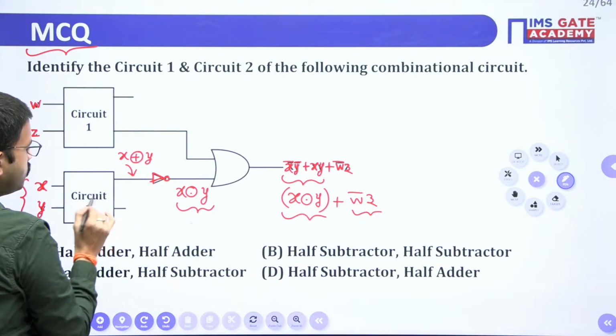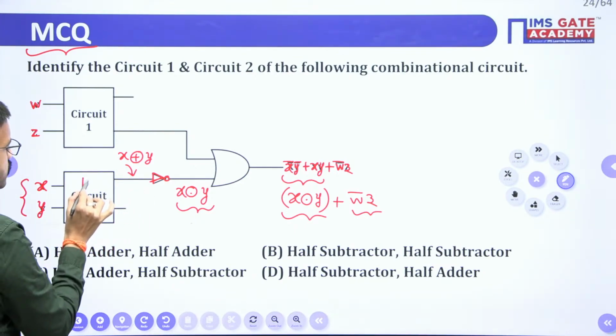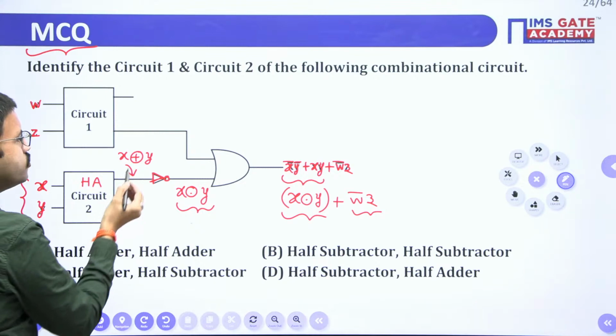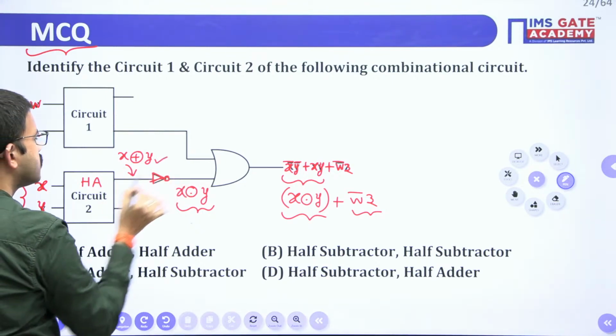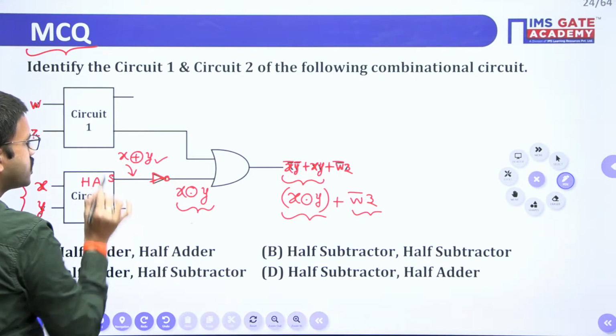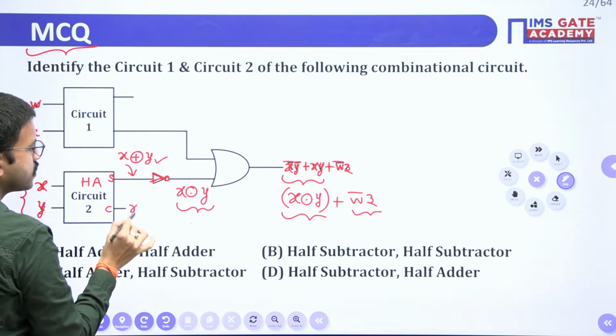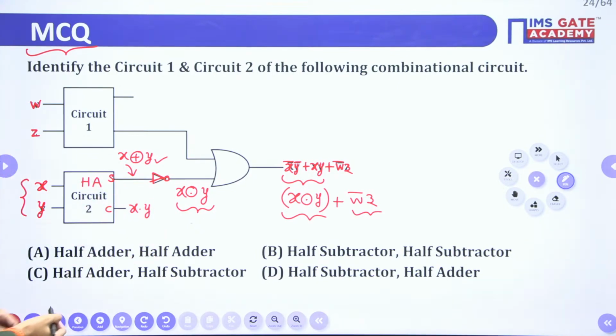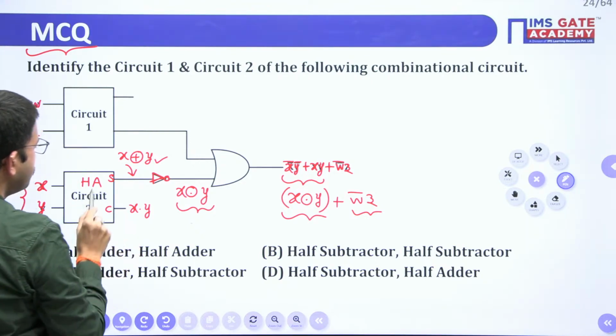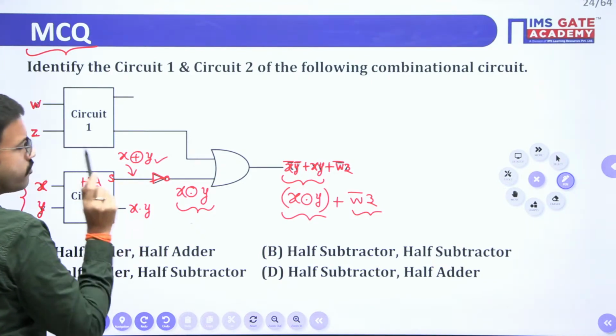If you consider half adder, then this is your sum and this is your carry, which is X and Y. So here we got this circuit as half adder.